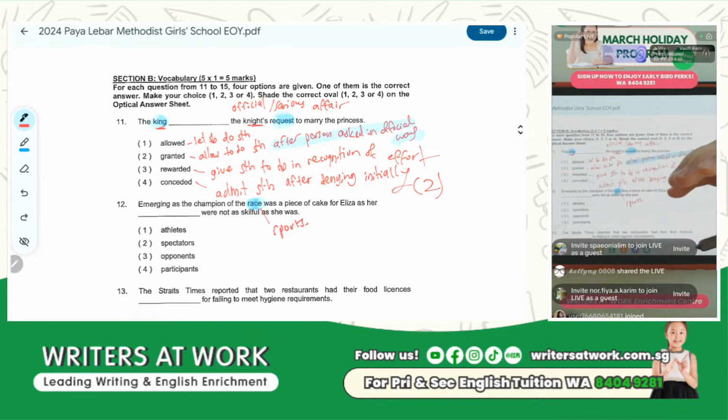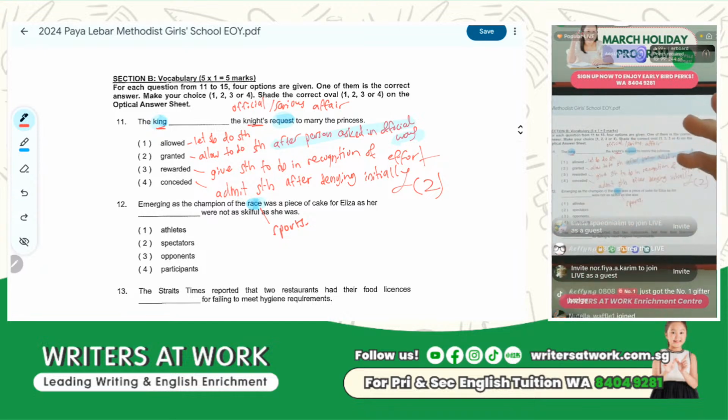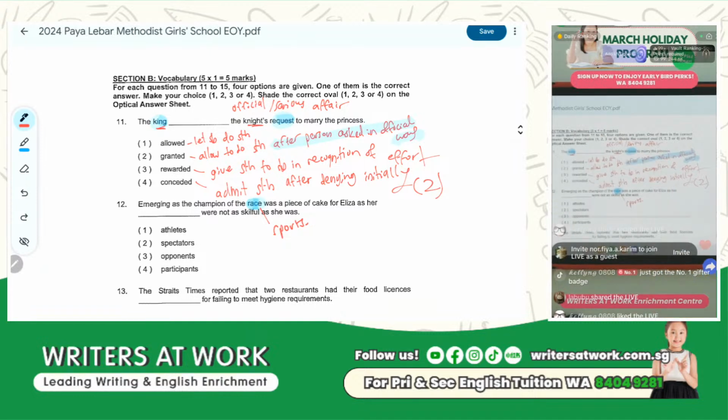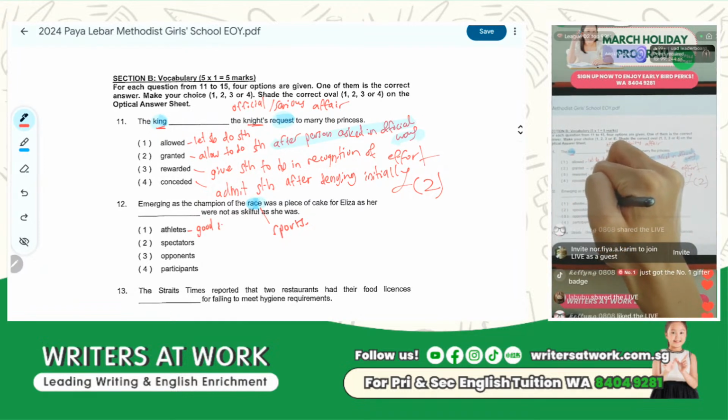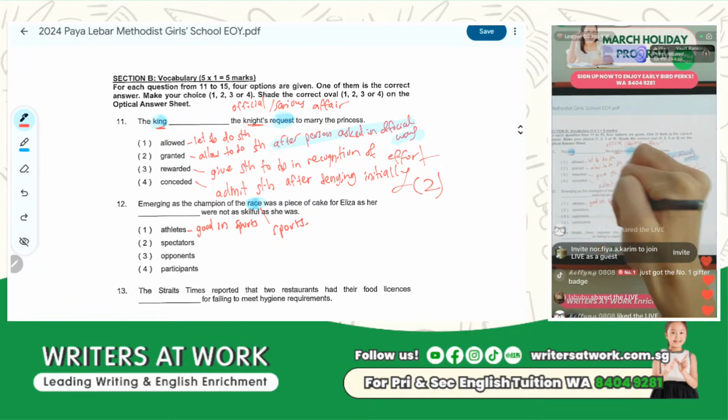So you need to have this thinking process when you observe certain keywords. The first one is athletes. Athletes here refer to people who are basically good in something, good in sports.